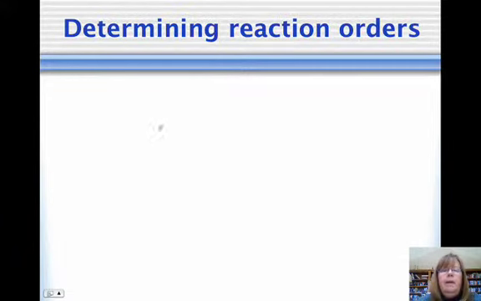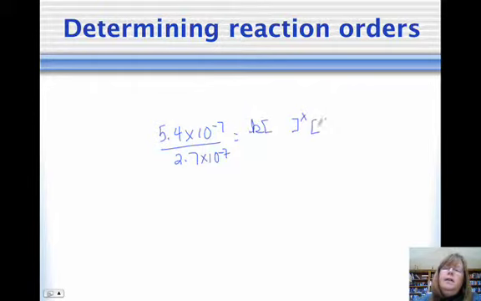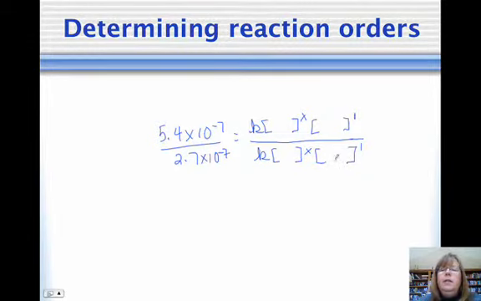5.4 times 10 to the negative 7th over 2.7 times 10 to the negative 7th is equal to K, the concentration of ammonium to the X, and the concentration of the nitrite to first power. We figured out that's a 1 now. Over K, ammonium's concentration, and the nitrite concentration, which is here.